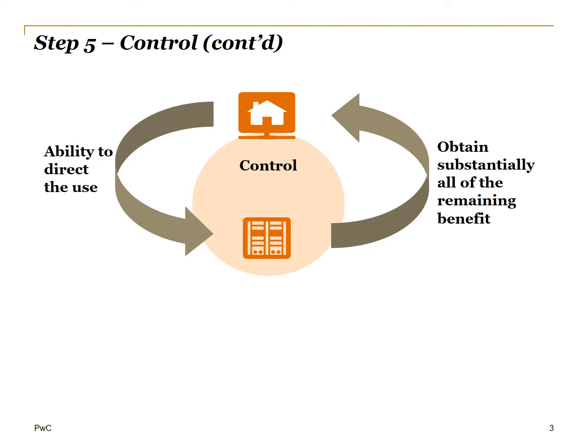An asset's benefits are the potential cash inflows or reduced cash outflows that can be obtained in various ways. Examples include using the asset to produce goods or provide services, selling or exchanging the asset, and using the asset to settle liabilities or reduce expenses. The assessment of transfer of control should be primarily from the customer's perspective.